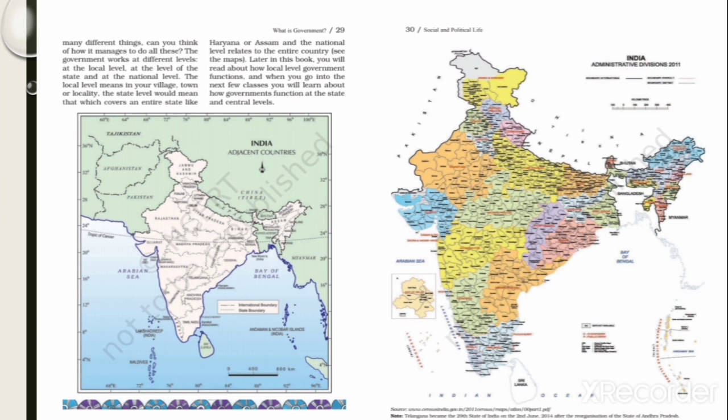Okay. Here you can see two different types of maps, which will give you an idea about the working of the government. The first map consists of the different states, and the second map is about the administrative divisions.